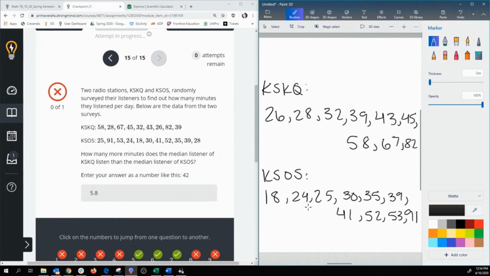Let me double check how many numbers I have. So 3, 10 there, 1, 2, 3, 6, 7, 8, 9. I missed one. Do you guys see what number I missed in this bottom one? Is there a repeat somewhere?